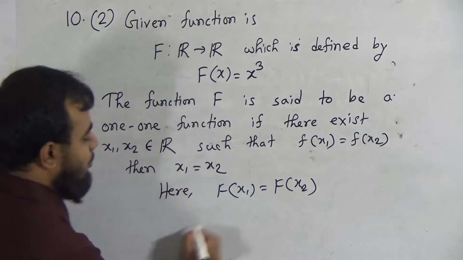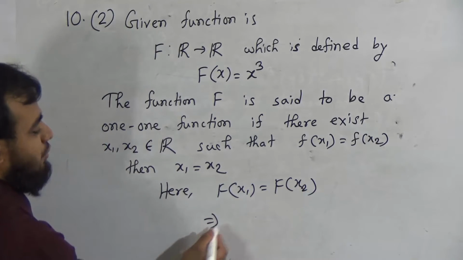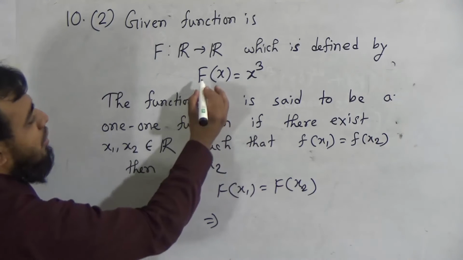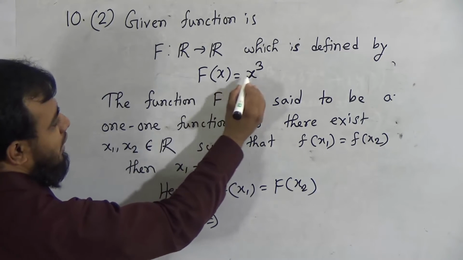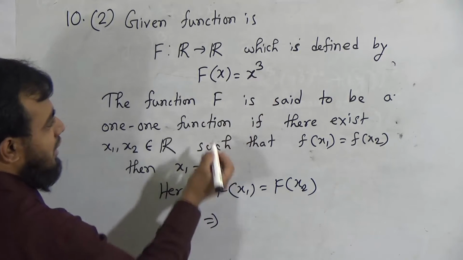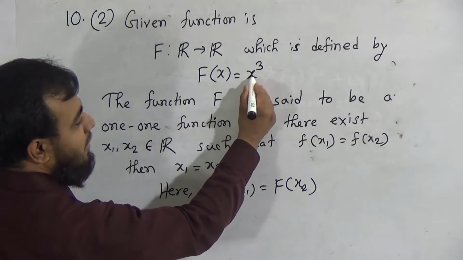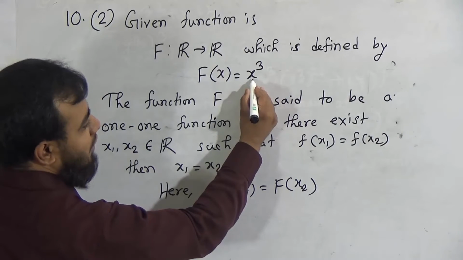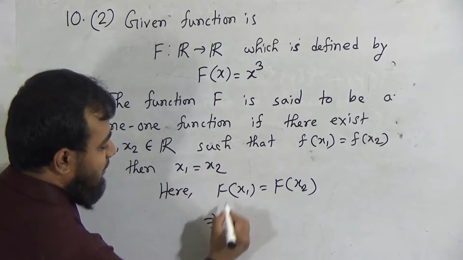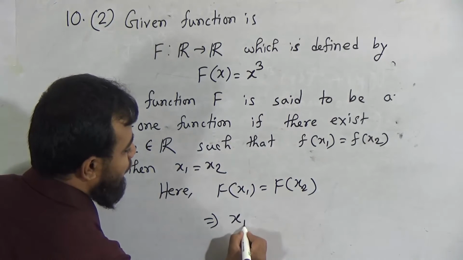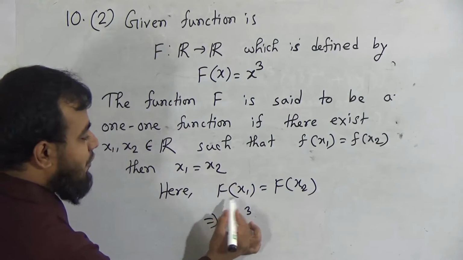We have the function f of x equal to x cube. So if in the place of x we put x1, we can write x1 cube, because f of x equal to x cube.